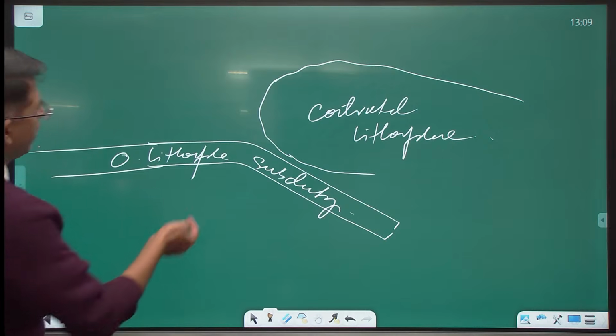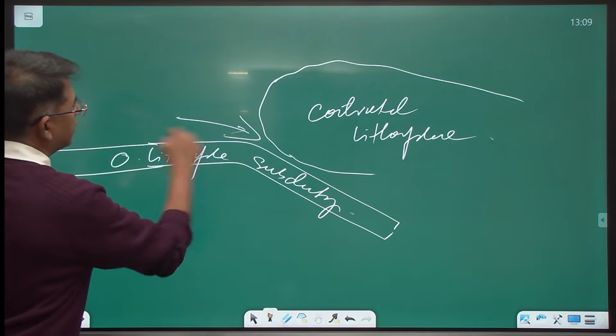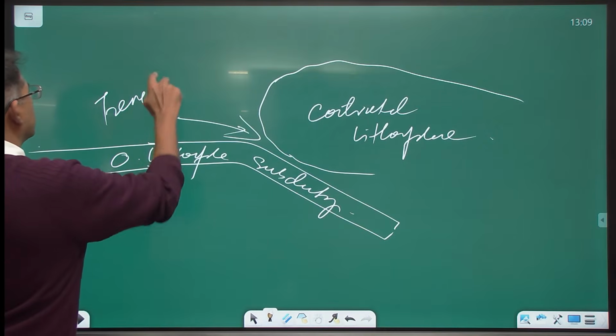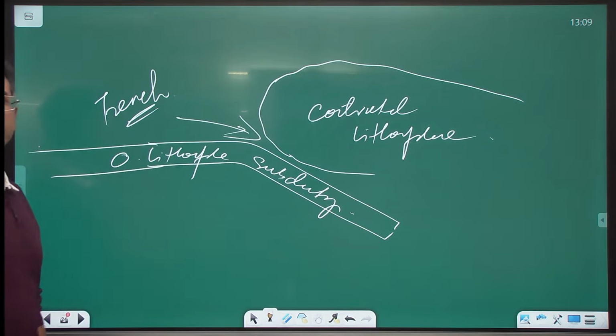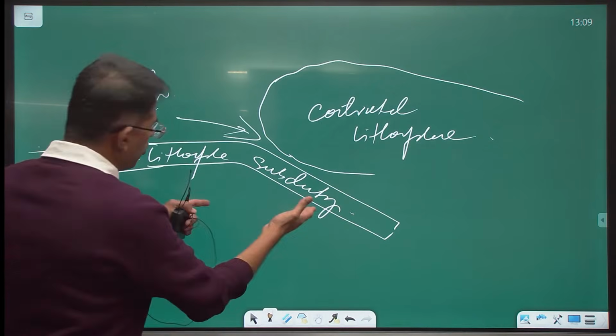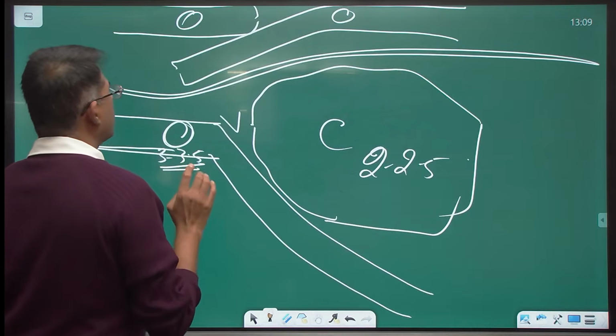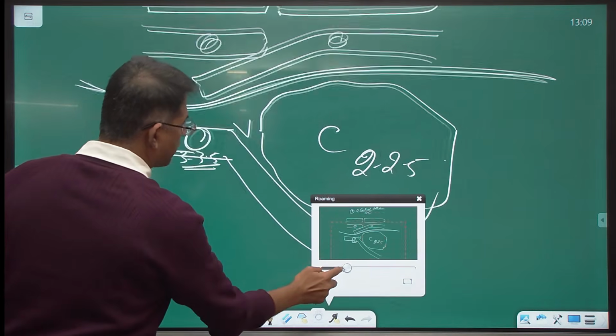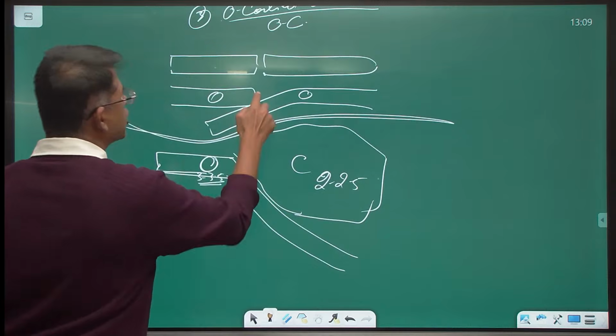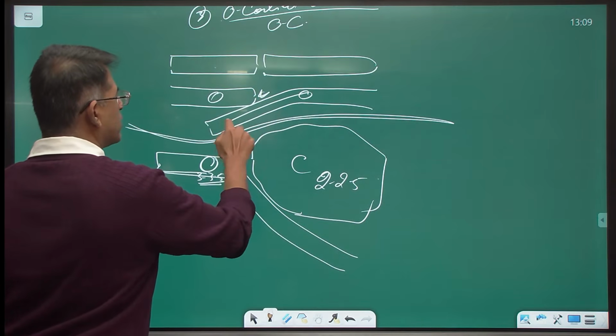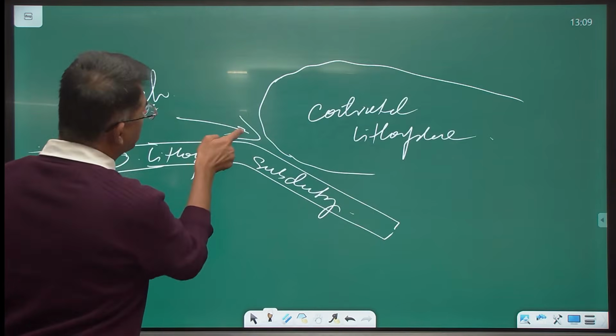So again you will have a gap here called the trench. Wherever subduction happens, you will have a trench. Like you have a trench here. When this goes inside, there will be a trench here too.